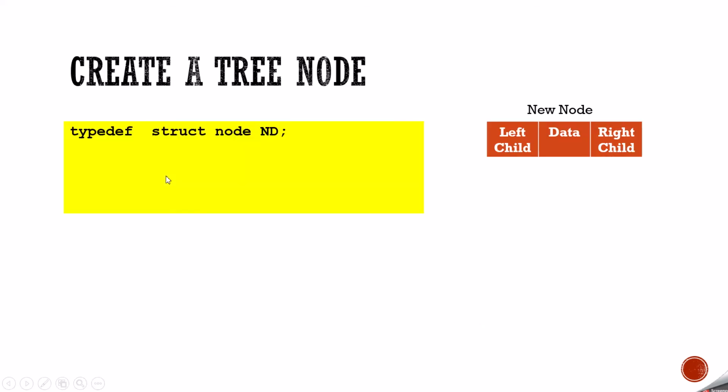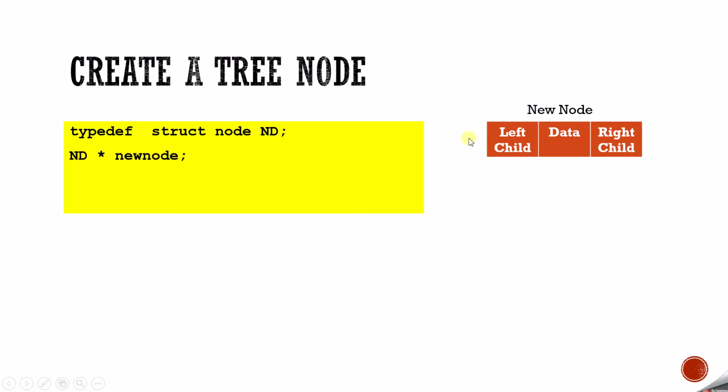Now obviously when we write a big program, we try to reduce the size of what we write repeatedly, like struct node every time. So to make it smaller, we'll use typedef and convert it into ND. From now onwards we're going to refer to struct node as ND.